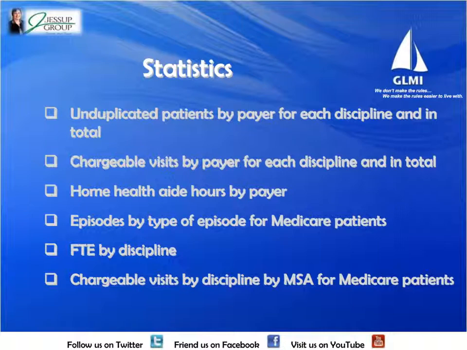And then the final statistic is chargeable visits by discipline by MSA for Medicare patients. Some of these Medicare stats are difficult to get out of your billing system because at the time you bill, you may not know what MSA they live under, or Medicare may pay them under a different MSA than you have in the system, or you may not know whether a charge is going to be a full or a PEP or a LUPA until after the fact.